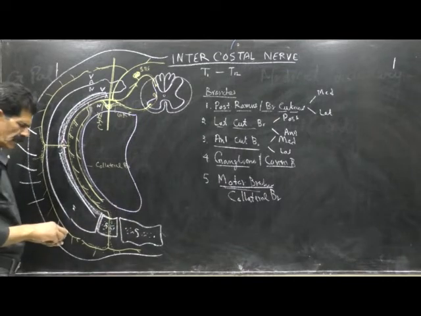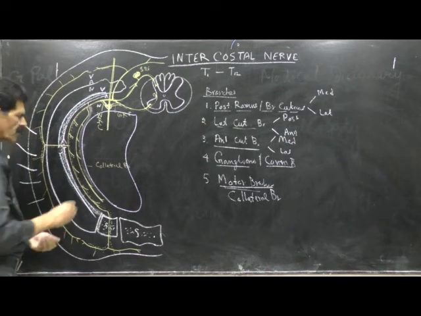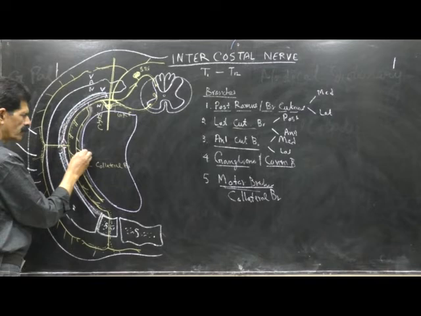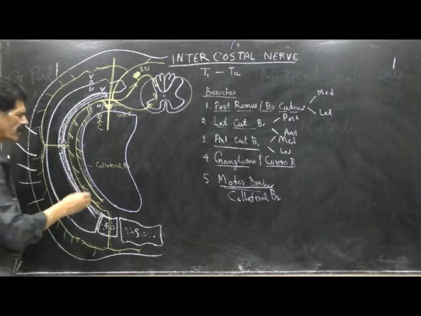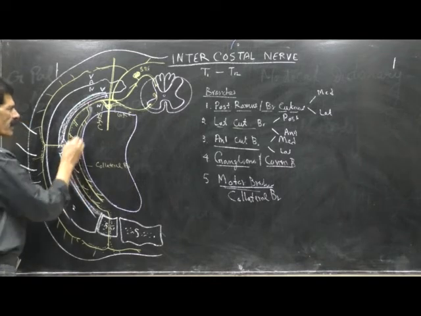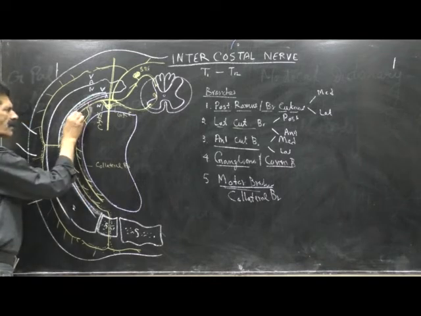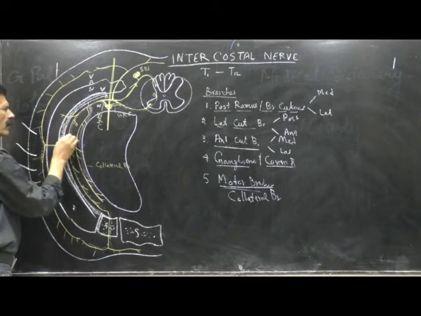Then these branches also supply the parietal pleura, which lines the inner surface of the ribs. Plus, the intercostal nerve also supplies the periosteum of the rib.